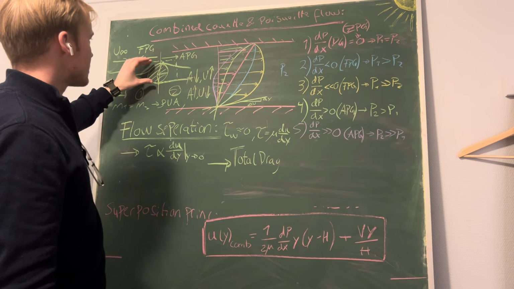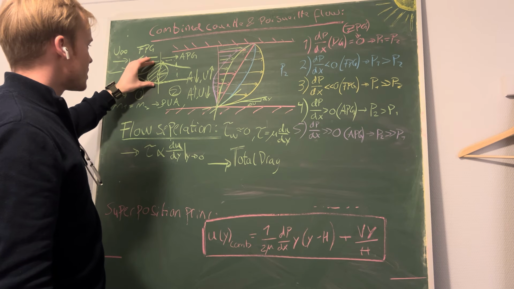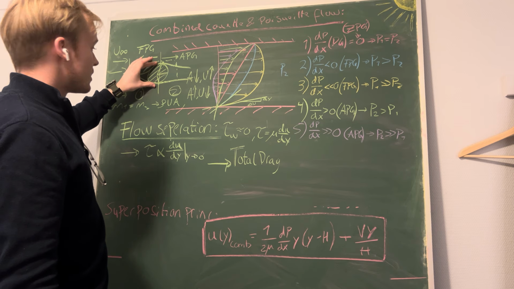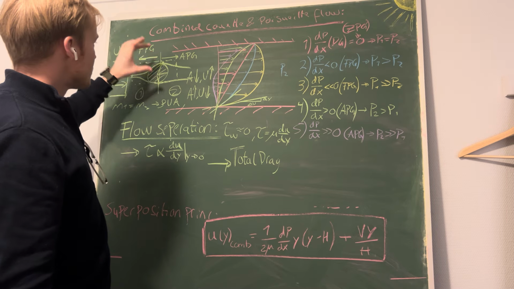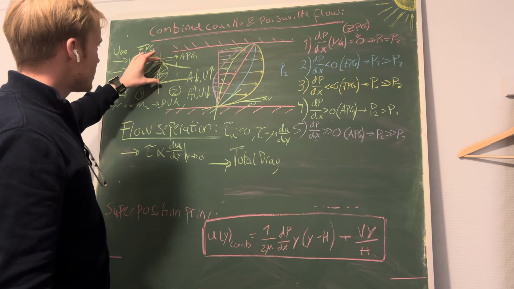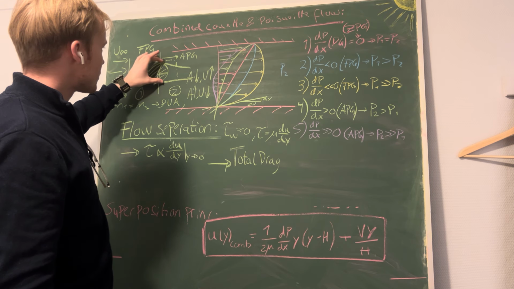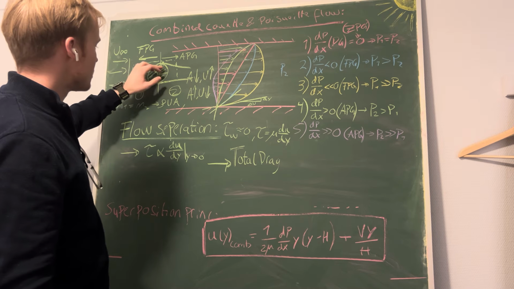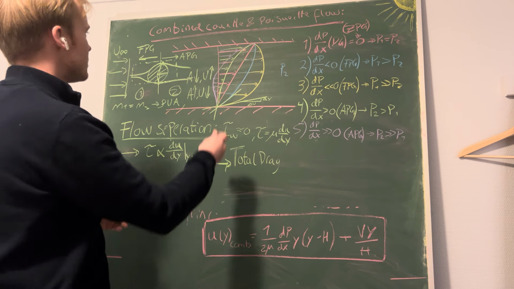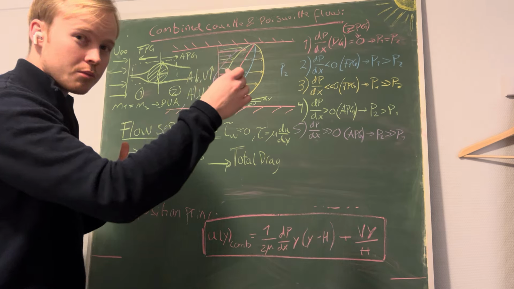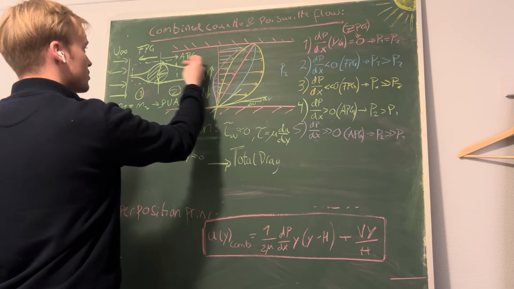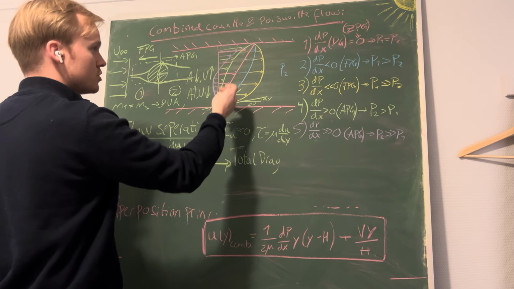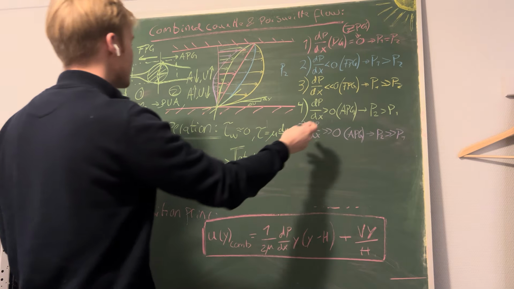It's accelerating the fluid, we have more shear against the wall, and then at a certain point, we can see that there is an area increase over here at some point on the cylinder. Then we have a bigger pressure difference, which means that the pressure is working in the opposite way, just like these two cases.